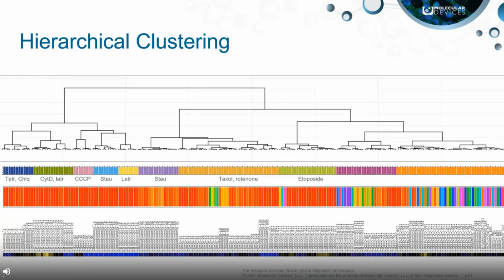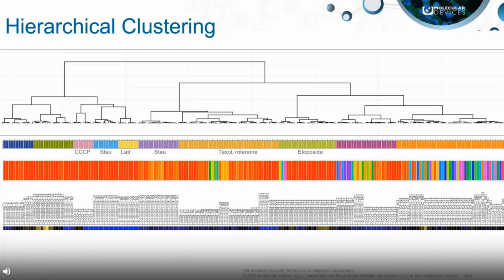However, there are also some clusters made up of different compounds, such as over here, taxol and rotenone, tetrandrine, chloroquine, cytochalasin D, and latrunculin. So what does this mean? One of the ways clustering can be useful is to identify compounds that have similar mechanisms of action.